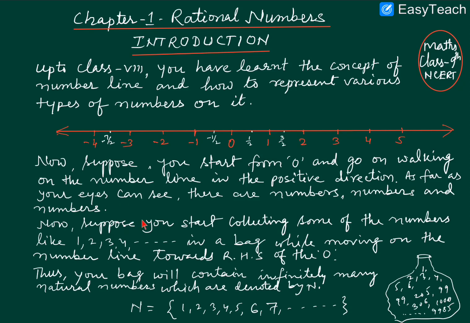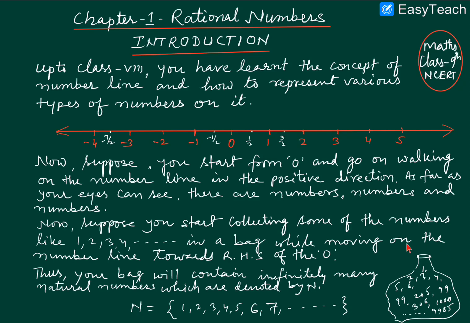Now suppose you just start collecting some of the numbers like 1, 2, 3, 4 in a bag while moving on the number line towards the right hand side of the 0. Thus, your bag will contain infinitely many natural numbers which are denoted by the letter capital N.